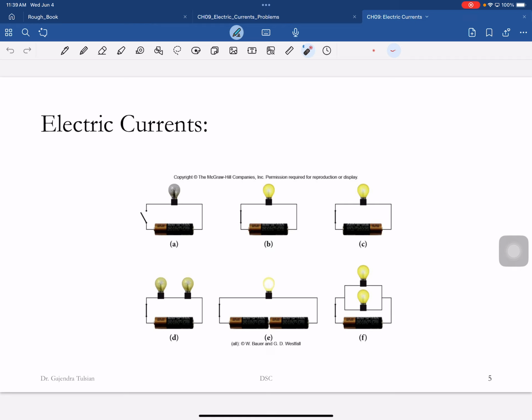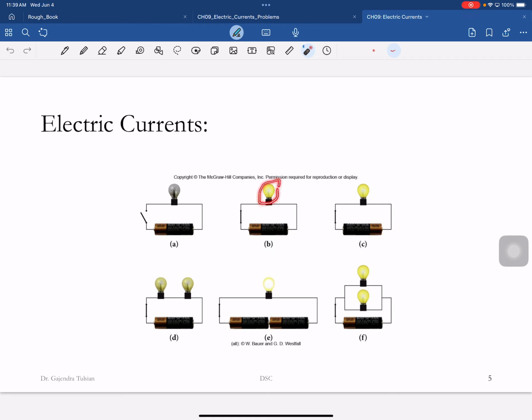By the way, when a current flows, it's actually electrons that flow in the other direction. We adopted this direction of current before we knew about electrons. So that's the convention. And when you connect the battery this way, the current flows this way.